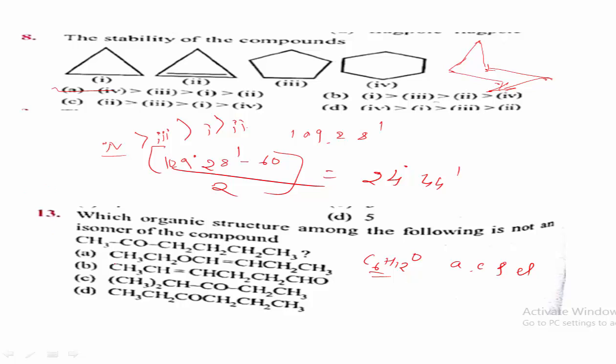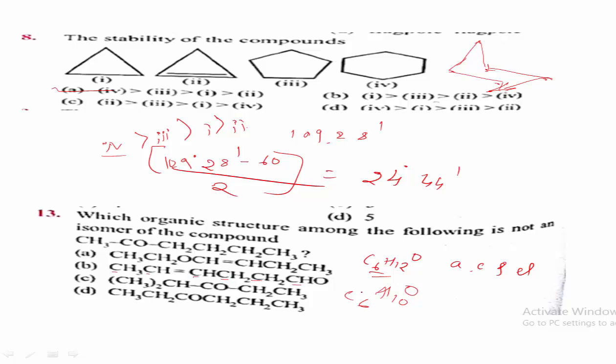Because when you observe option B here, it contains 1 2 3 4 5 6 carbon atoms. Okay, C6, but the number of hydrogen atoms here is H3, meaning 3 4 5 6 7 8 9 10. Is it right? Yes, C6H10. The number of oxygen atoms here is only 1. Yes, it follows the molecular formula C6H10O.